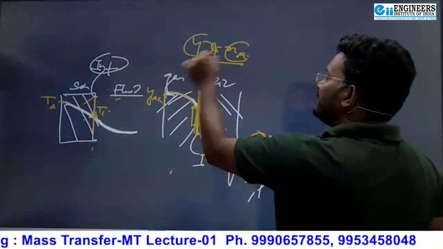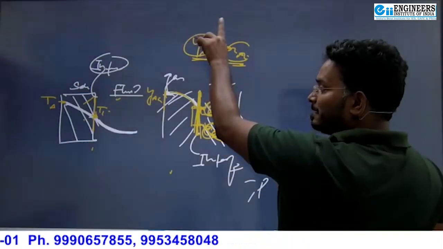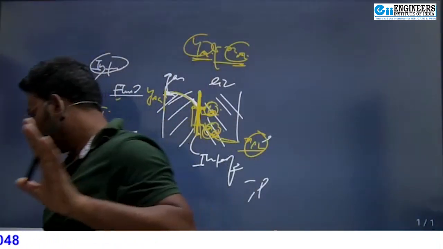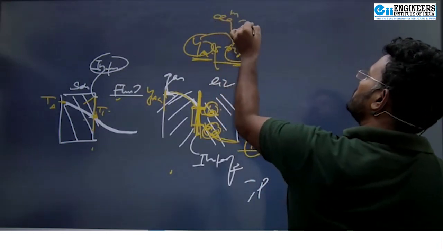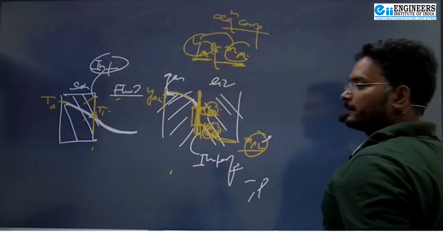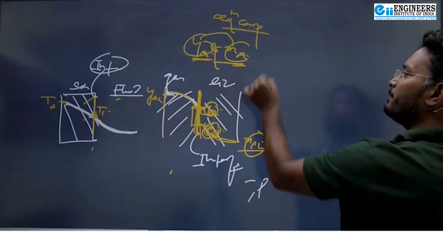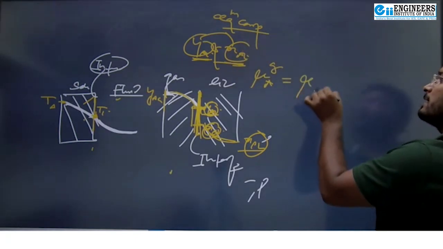At this YI and this XI, the chemical potential of A in the gas phase and the chemical potential of A in the liquid phase are going to be the same. They are equilibrium compositions at the given set of temperature and pressure. It means at this YI and XI, the chemical potential of A in the gas phase equals the chemical potential of A in the liquid phase.